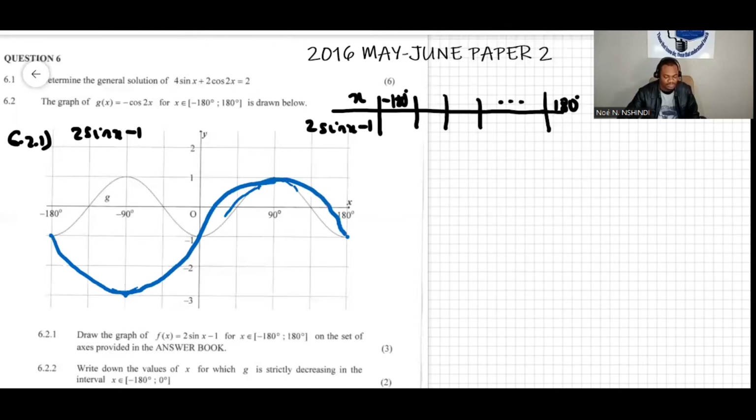Approximately that. So that approximates the graph of g of x. So this is g of x, which is, no, actually f of x.